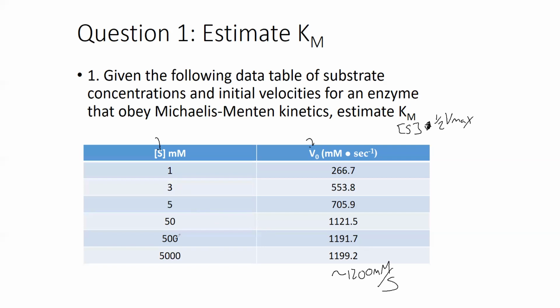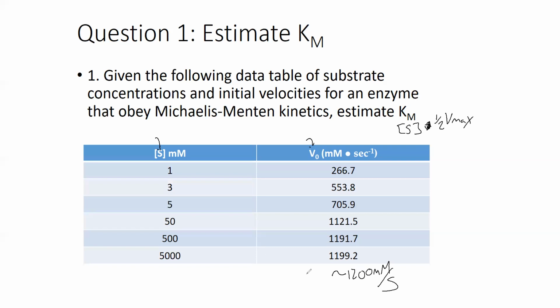You can tell that because going from 50 to 500 millimolar of substrate, our speed did not change that much. If we go from 500 to 5,000, it does not change that much. So we're basically at our maximum at this point. And I just made it an even 1200.